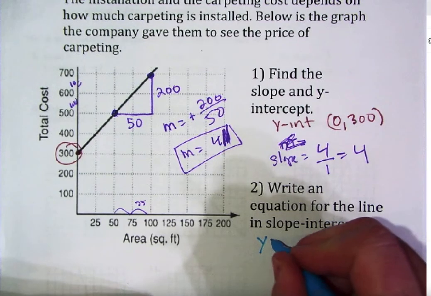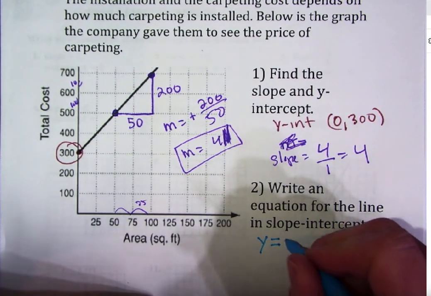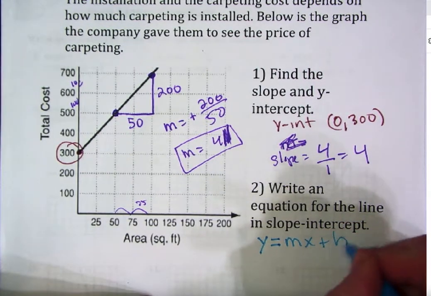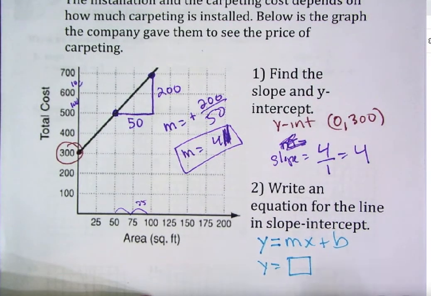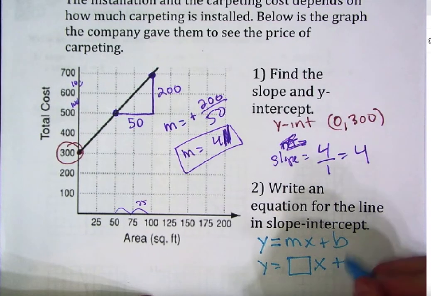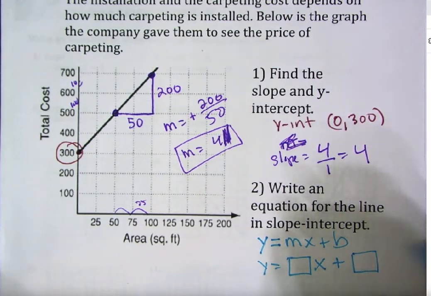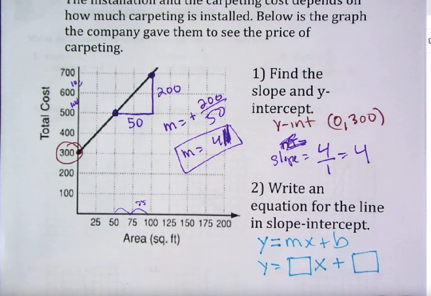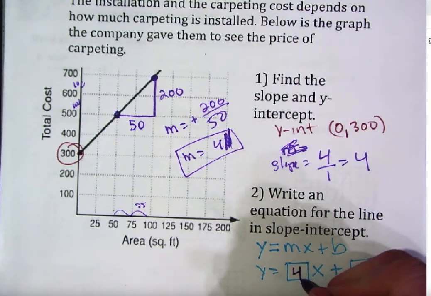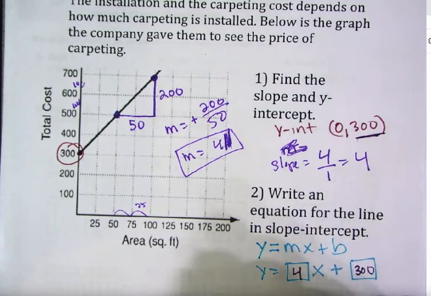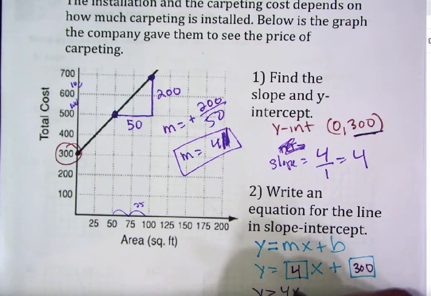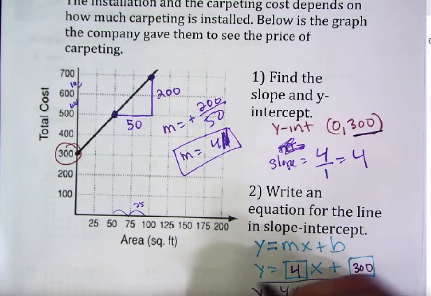Slope-intercept form is y = mx + b. The m is your slope, and the b is the y value of your y-intercept. We know our slope is 4 and the y value of our y-intercept is 300. So the equation is y = 4x + 300.